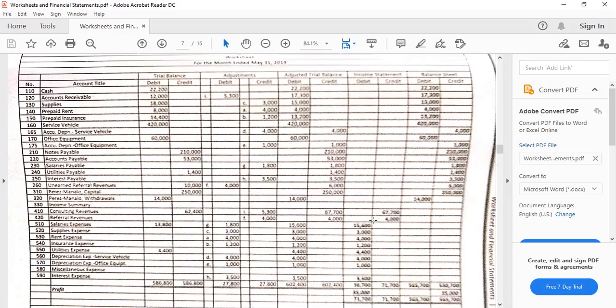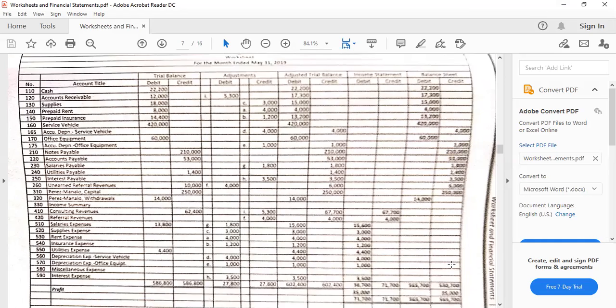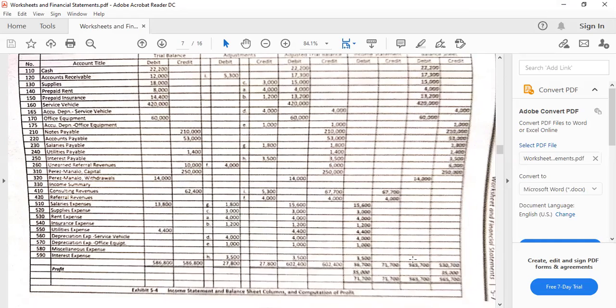Okay? Also, for the balance sheet, the debit side, so we also get the difference. And you can notice that debit, which represents assets, is greater than the liabilities and equity. Because remember, profit is closed to equity, or actually it would be income and expenses that would be closed to equity.